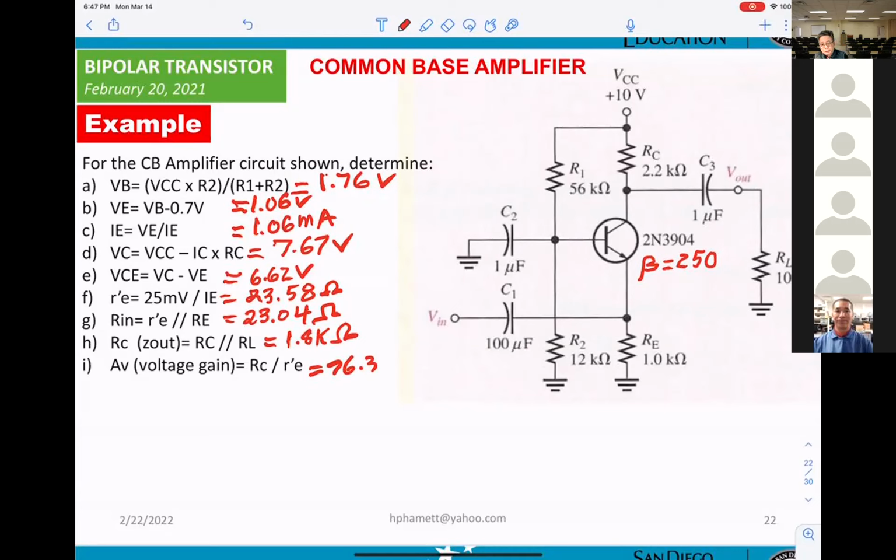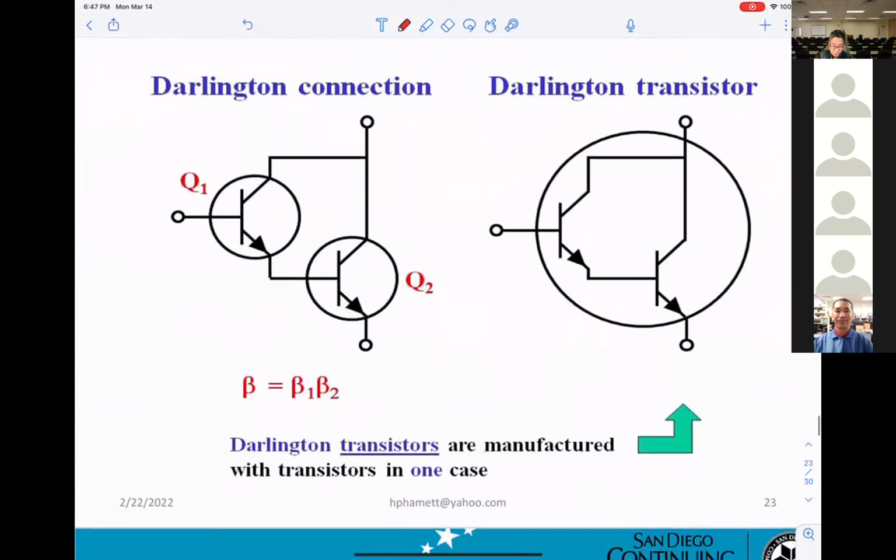In the next meeting, we can go to the decibel and also the differential amplifier. Okay, any question? If not, that one we already did.